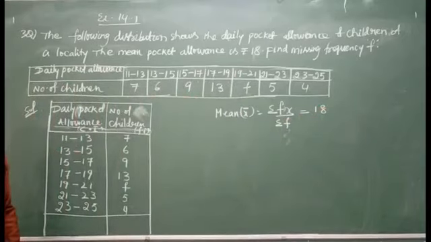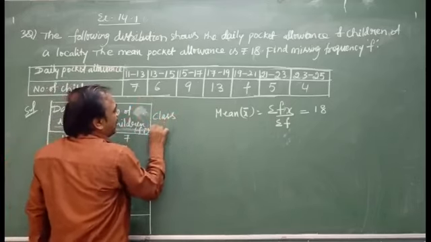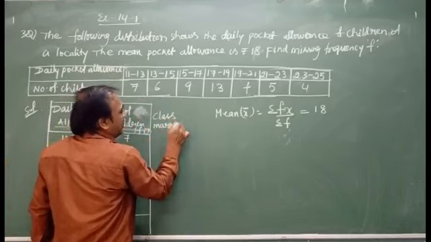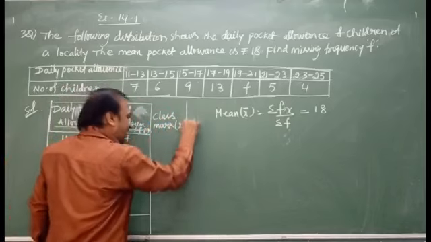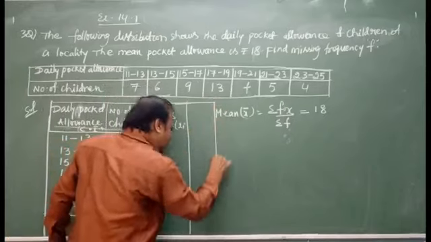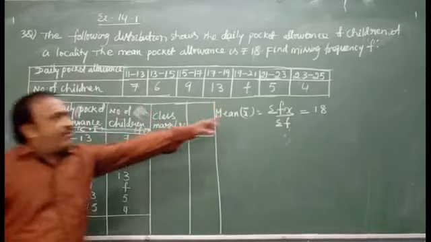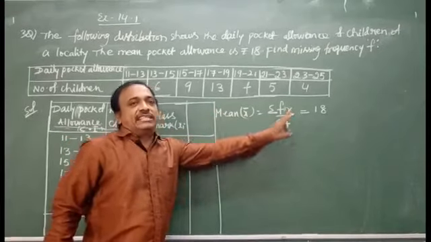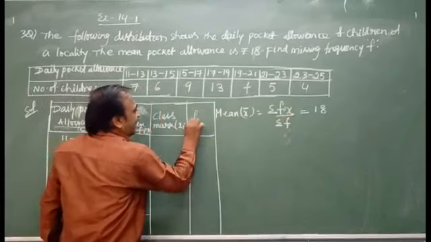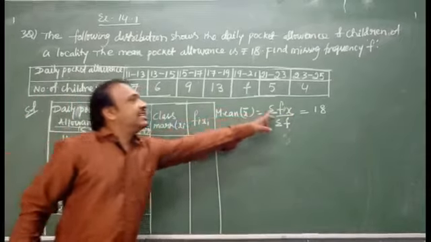The class mark we denote with xi, and the next column we write is fi xi. See the formula, shortly we write sigma fx by sigma f.